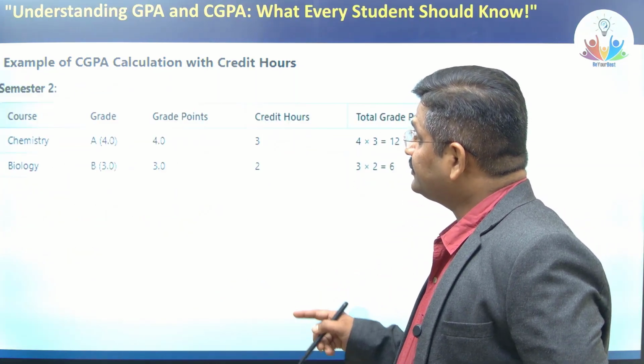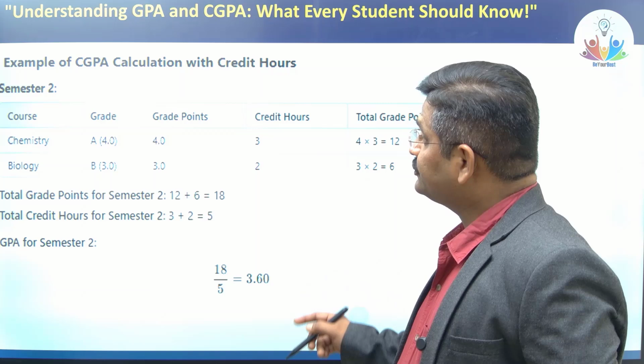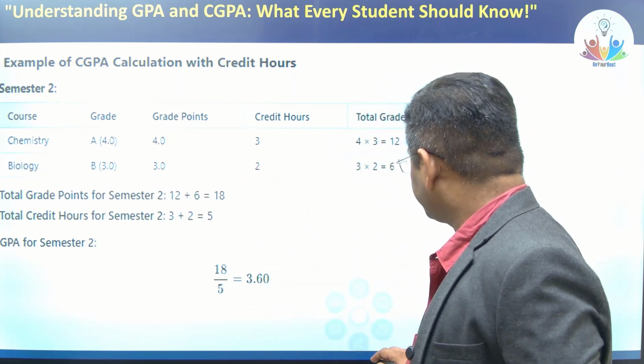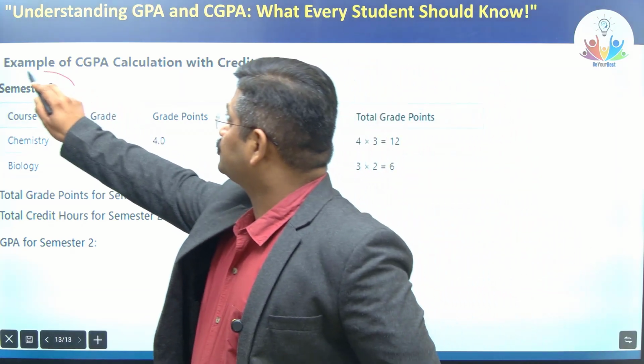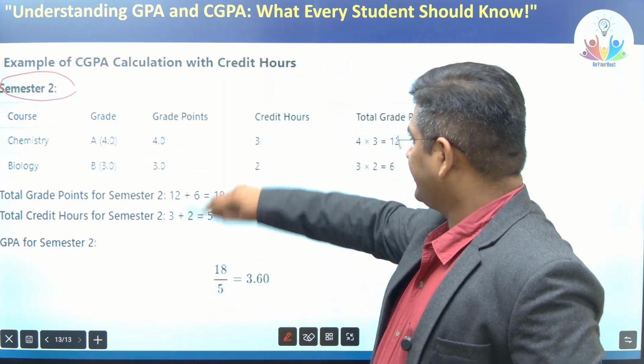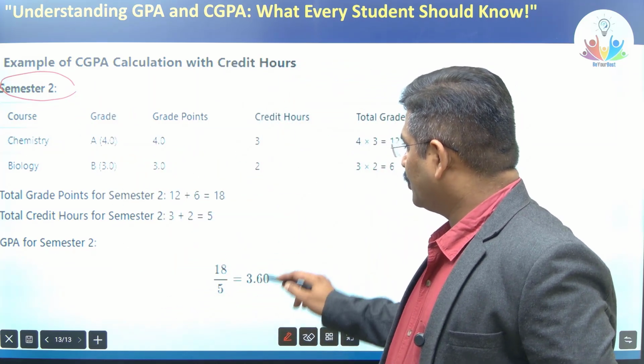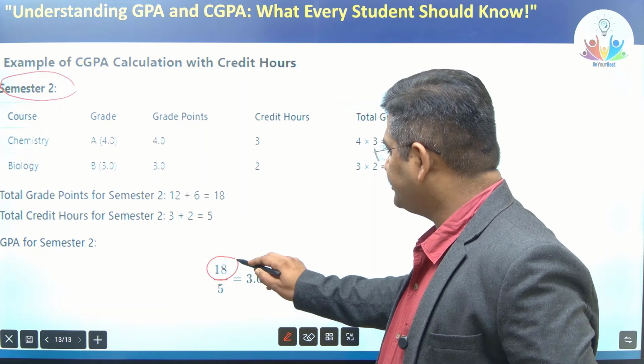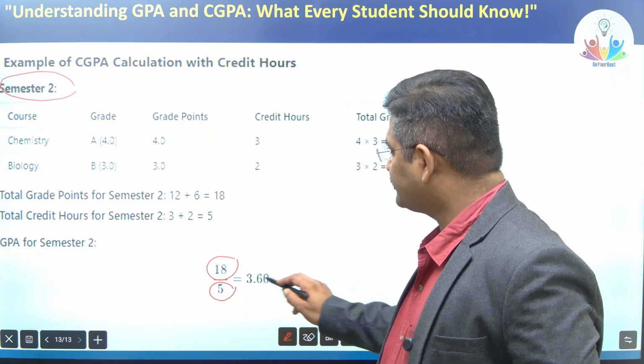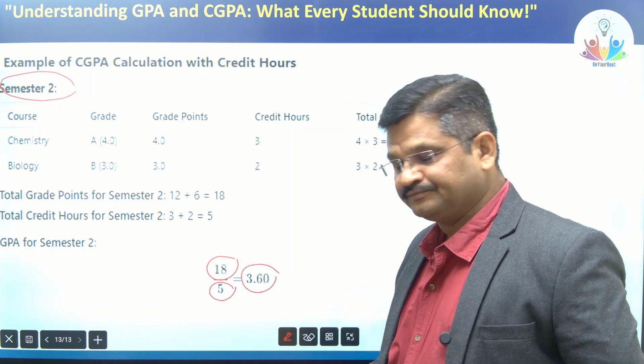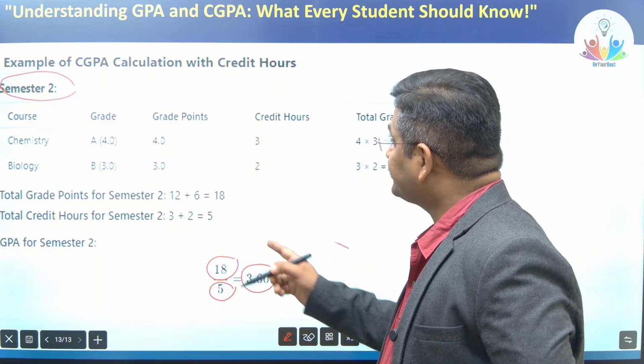Now, consider the second one also. Suppose this is semester number 2 for the particular student. For the particular student, the same calculations will be there. We consider the total grade points divided by the total credit hours, and this is 3.60 and 3.16.